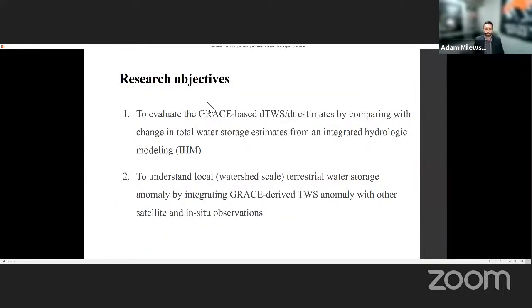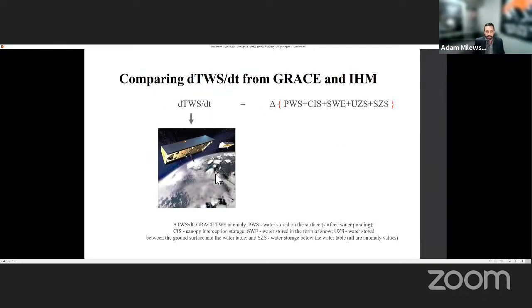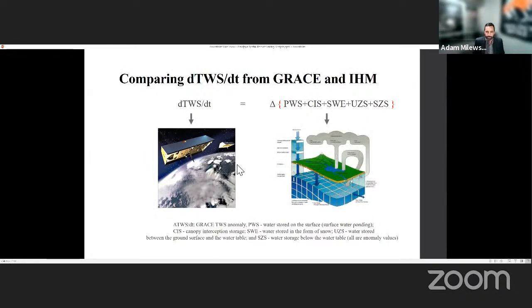The objective for this particular study was, can we evaluate both GRACE-based estimates of total water storage, combining that against hydrologic models? This is a way that we're going to reduce that error. And then secondly, combine it with in situ observations. I'm stepping back a little bit from machine learning for a minute, because this is an example that uses both.